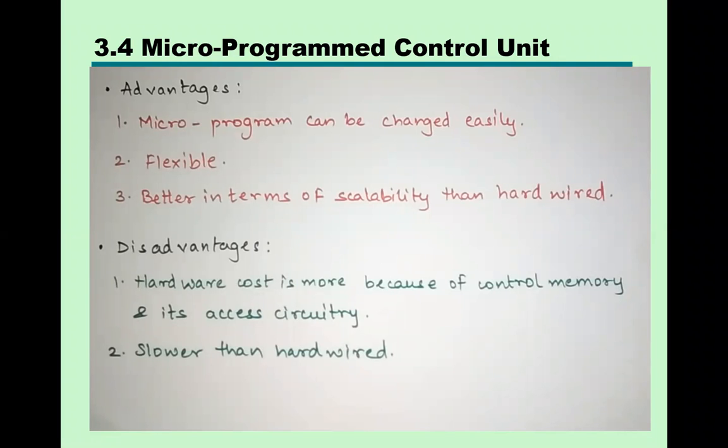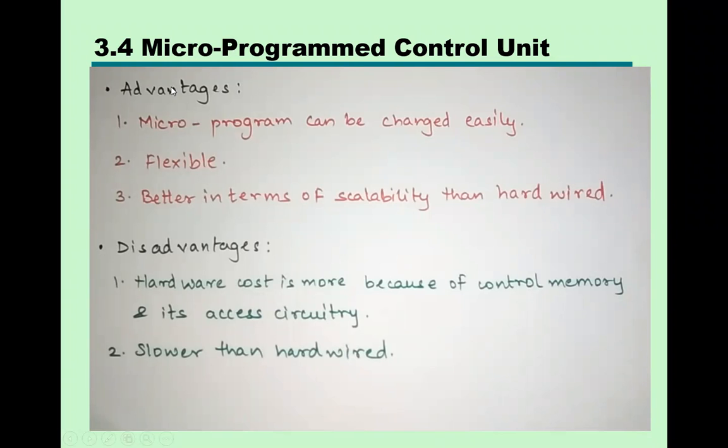If you are using a microprogram, we can use the program written for that control signal for the respective instruction in the calculator program, right? So it is flexible in microprogramming, but it is very difficult in hardwired, right?